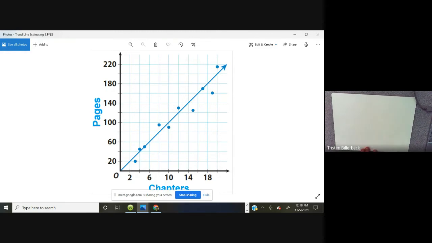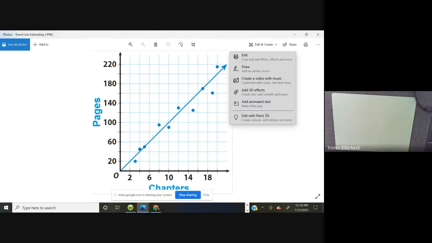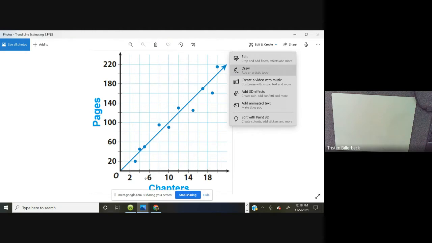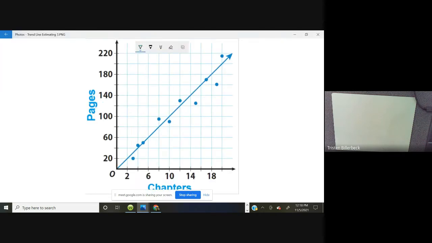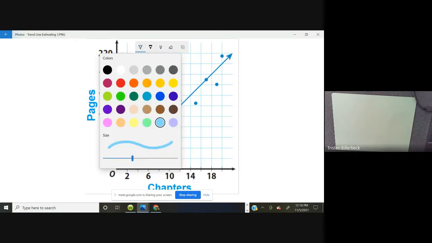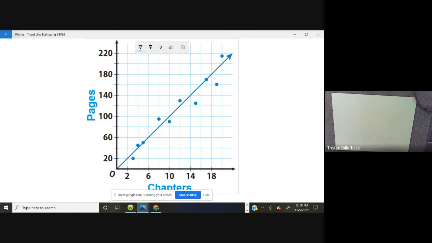Let's take a look at this. First, let me change the color. There we go. Let's go with purple. You know how I like purple.